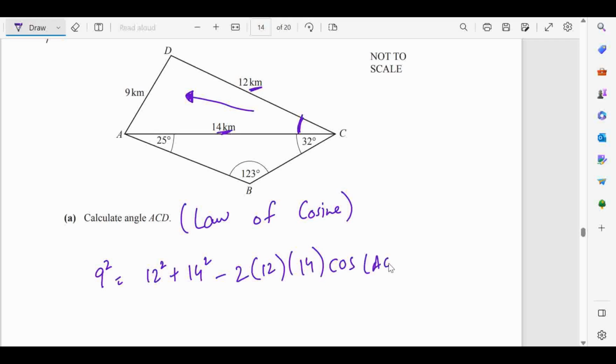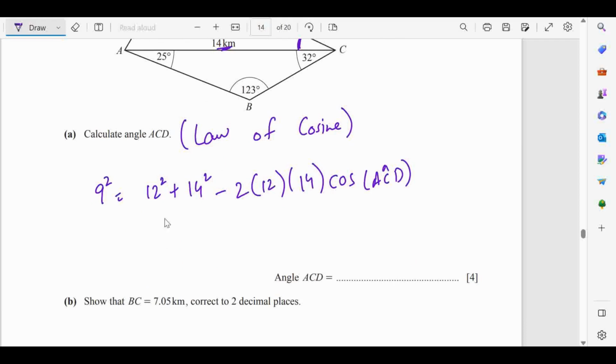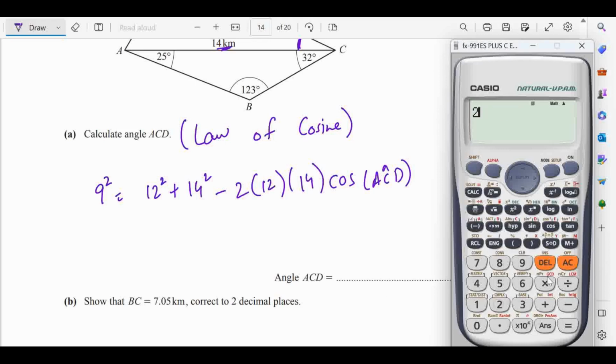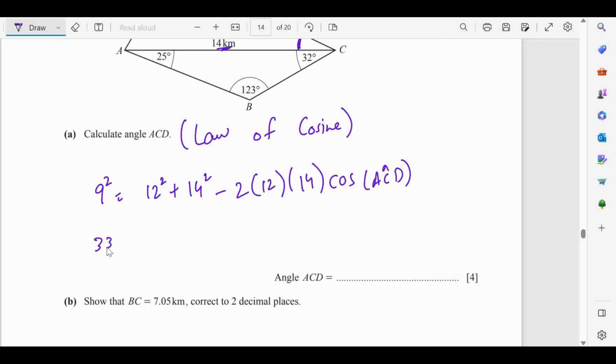If we rearrange it, 2 into 12 into 14 will be equal to 336. So 336 cos of ACD is equal to 12 square plus 14 square minus 9 square.